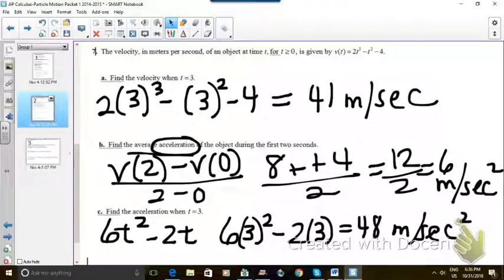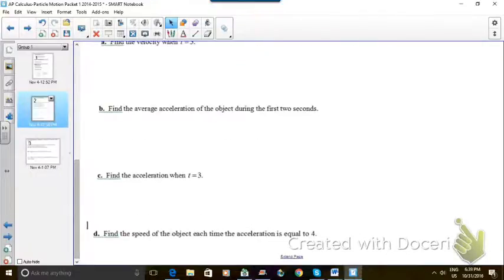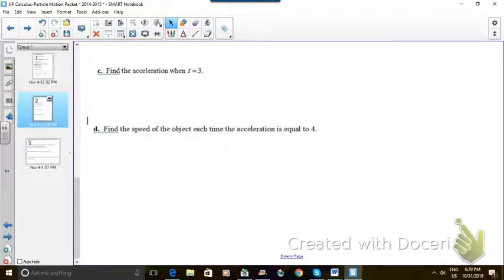Okay, last part of that problem. Find the speed of the object each time the acceleration is equal to 4. Acceleration is 6t squared minus 2t. Find where that equals 4.